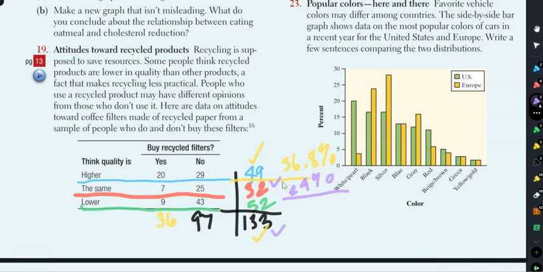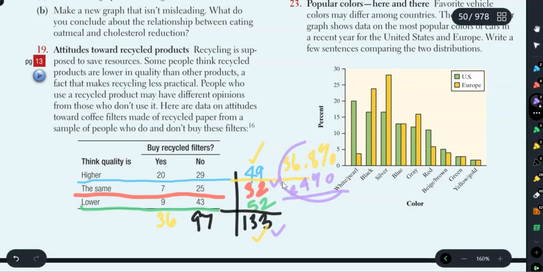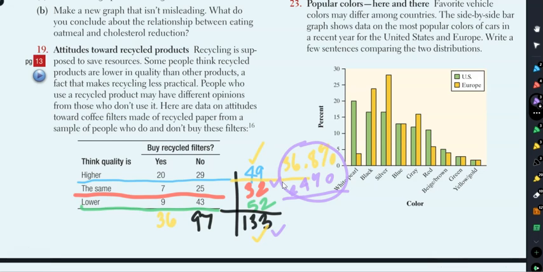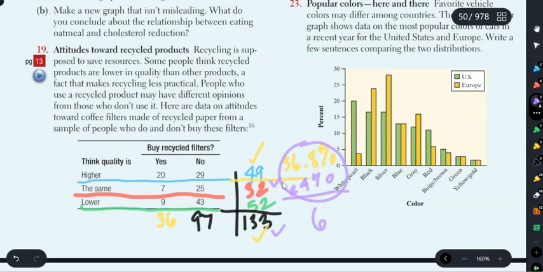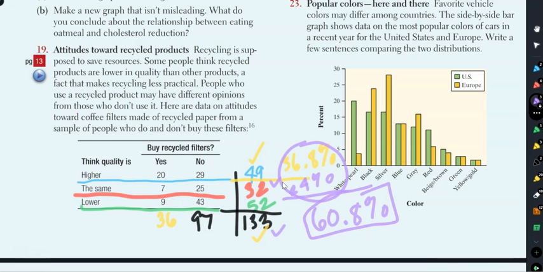Now the question is asking you, what percent of the people in the sample think the quality of the recycled product is the same or higher? Well, all I have to do is consolidate these two percentages. I have 36.8 and 24, and when I add those together, I get 60.8%. So roughly 61% thought the quality was the same or higher. So that's how you create and use the marginal distribution.